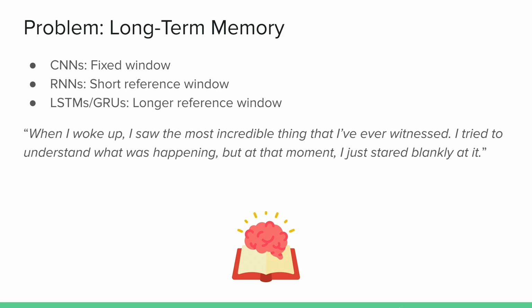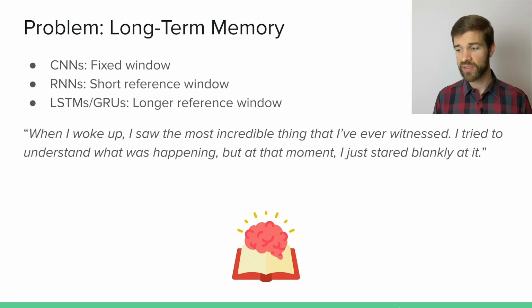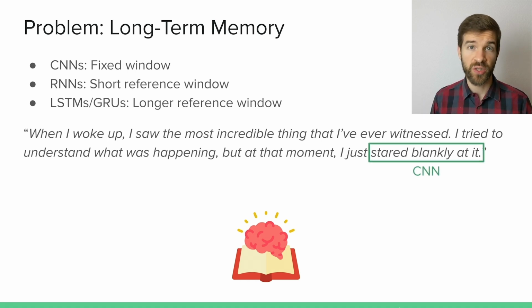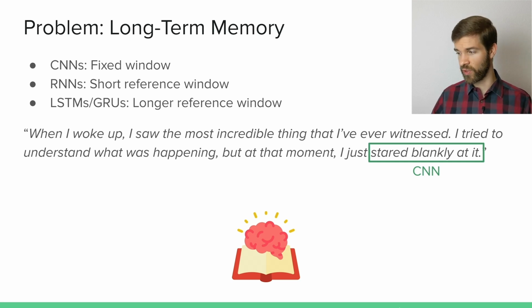So this long-term memory, when you think about it, we can tackle in different ways. If we have a CNN, typically we have a fixed size window. We can use CNNs for sequence processing just as recurrent neural networks if we have, say, a fixed window size. Say we have 4 words, then we always see 4 words at a time, and then we can process that.